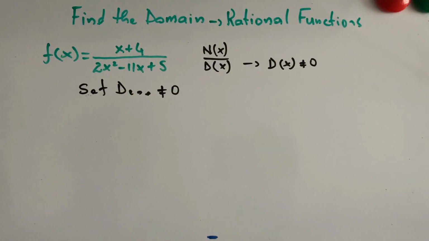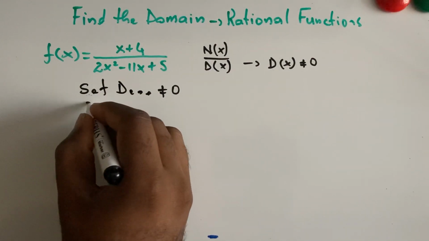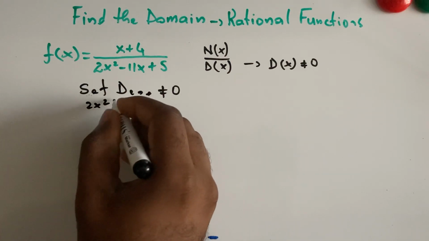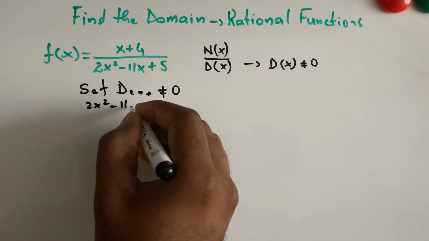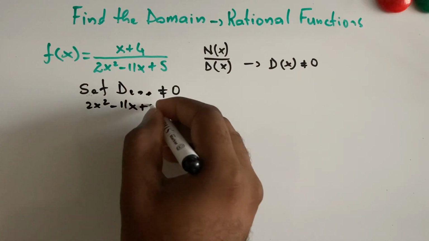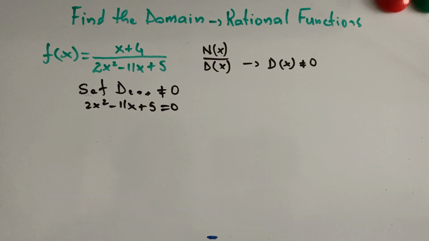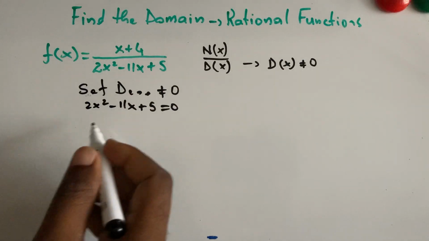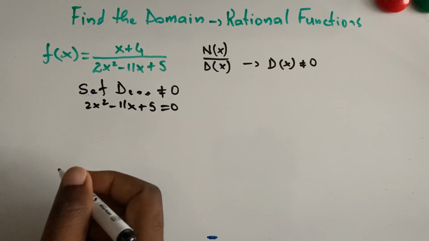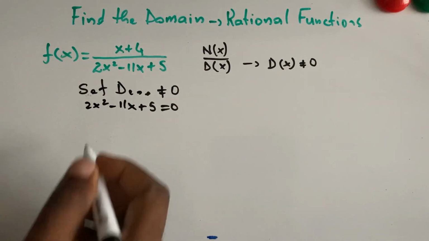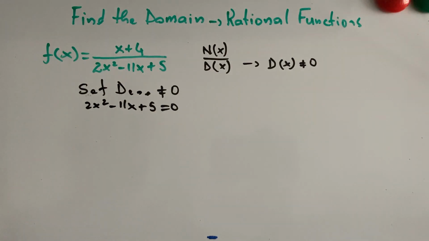And this is solved just like a regular equation, okay? So in this case, we have 2x squared minus 11x plus 5 equals 0. I'm going to set it as equals 0 because I need to solve for those x values that will make it 0, so I could reject them, okay? Now, in another video I taught you guys how to factor such trinomials.